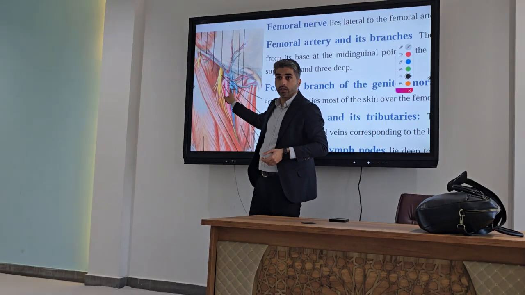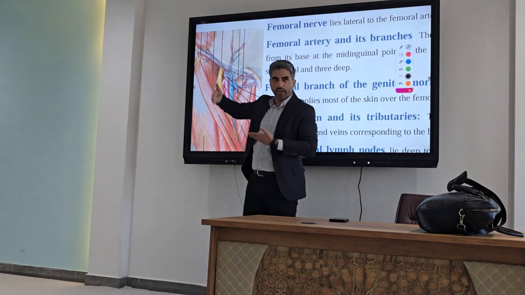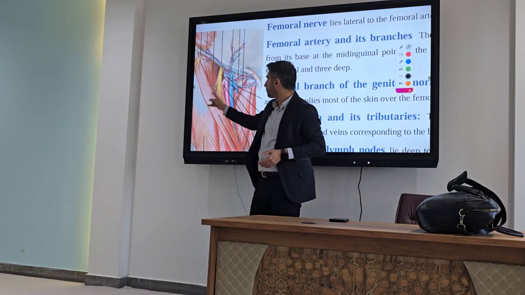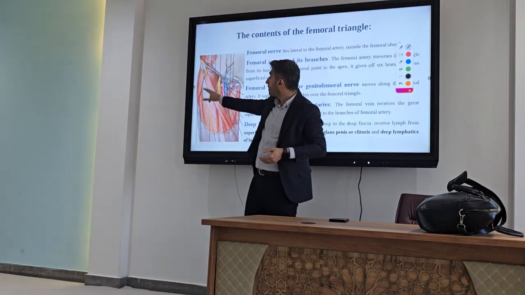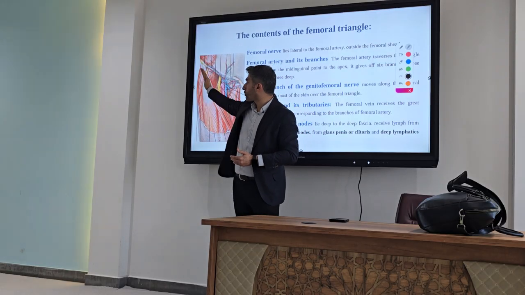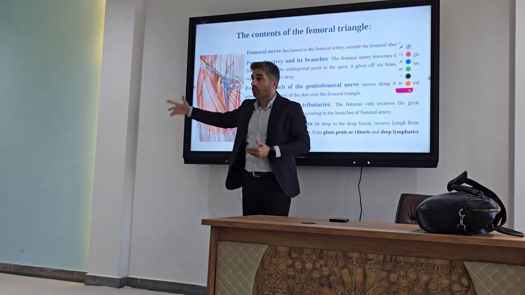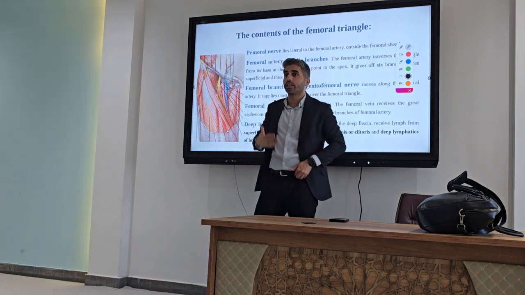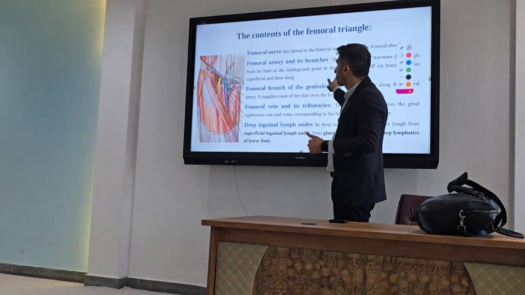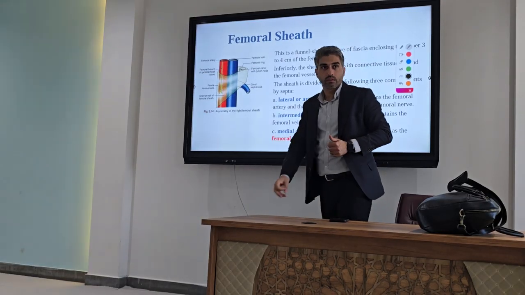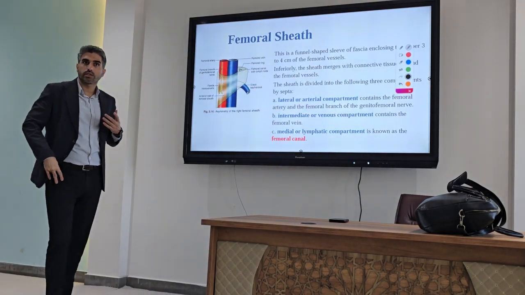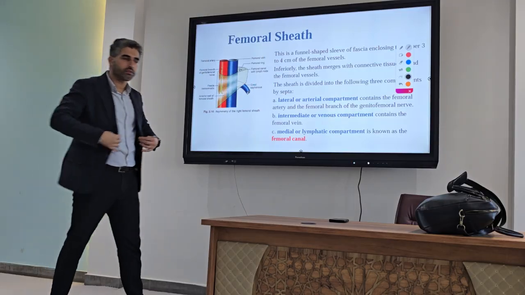Vein. The nerve is lateral, the vein is medial, and the artery is in the middle between them. These are the walls. If I ask you what the lateral wall of the triangle is, you say sartorius. What is the base? The inguinal ligament. And we have some lymph nodes and nerves. Okay, guys? The femoral triangle is important because here we have artery, nerves, and veins.